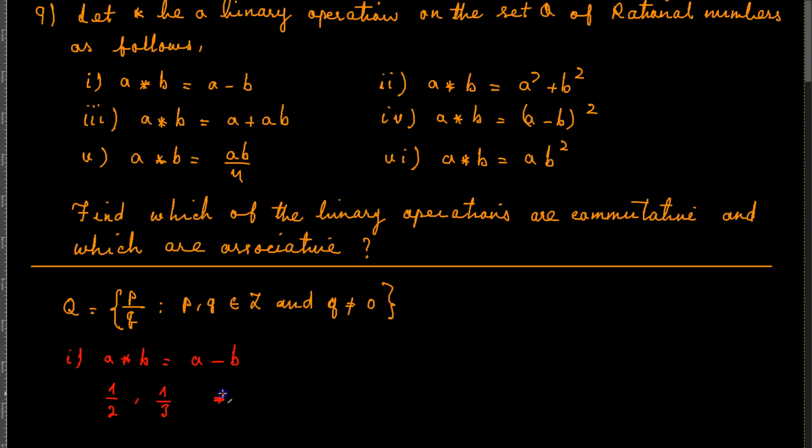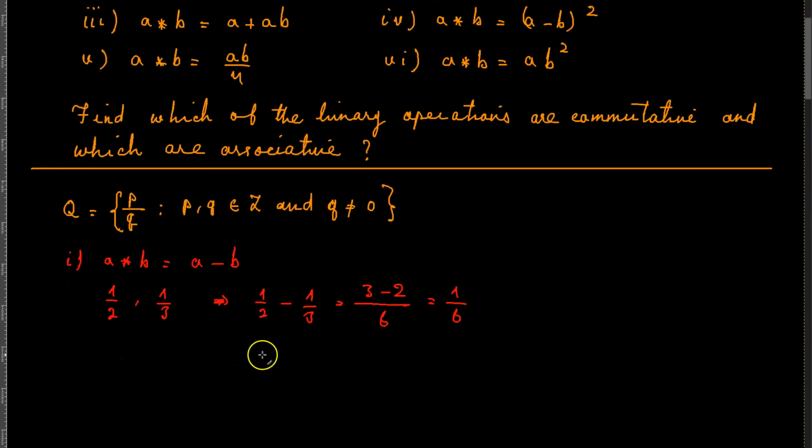Then 1/2 minus 1/3 is equal to (3 minus 2)/6, which is 1/6, and 1/3 minus 1/2 is the same thing as (2 minus 3)/6, which is equal to negative 1/6.